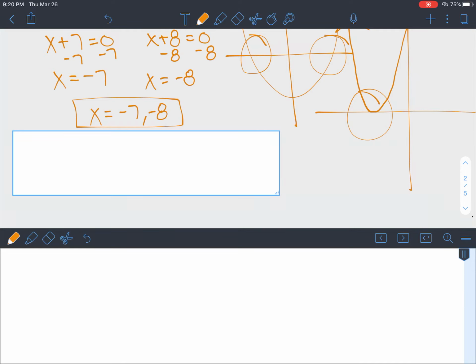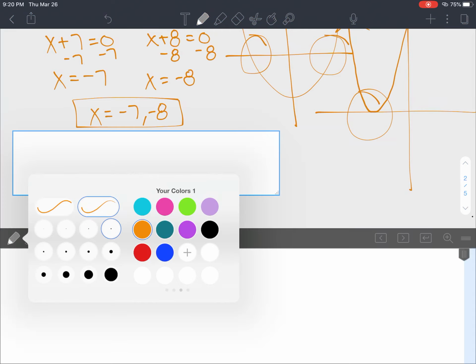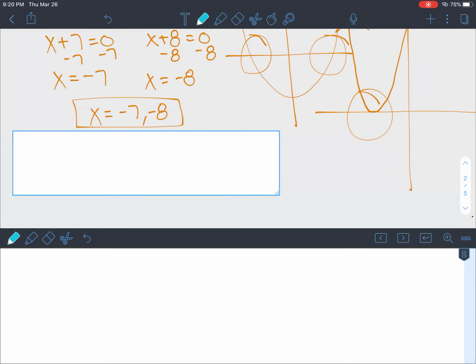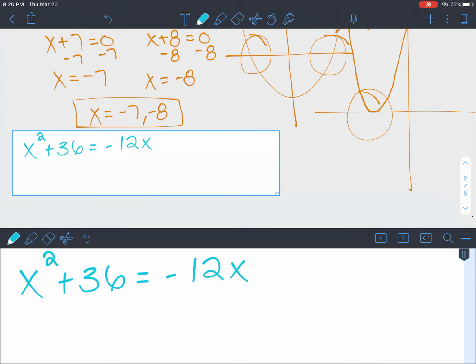I'm going to do number 8 from this factoring section as well, and that was x squared plus 36 equals negative 12x. So we need to make sure that our equation equals 0, and currently it equals this negative 12x. So first thing is to deal with this guy. So we're going to add 12x to both sides.